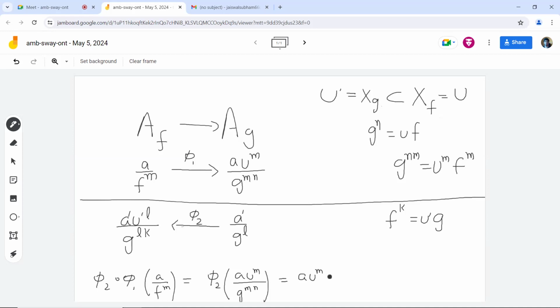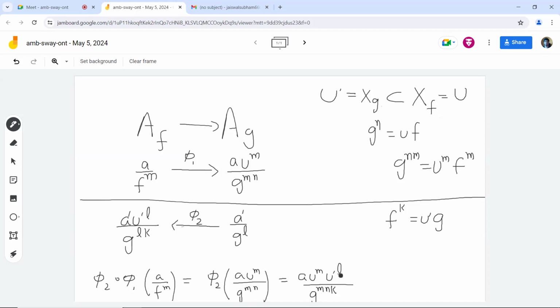So this a prime times u prime to the power l. And g is raised to the power mnk, right? So we get this.